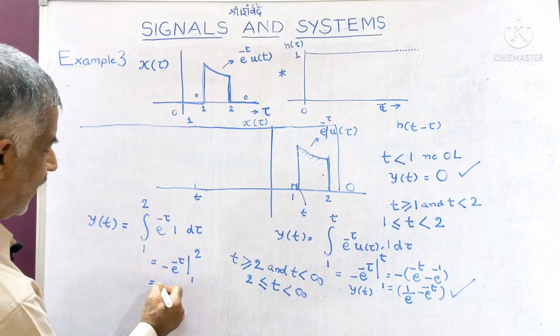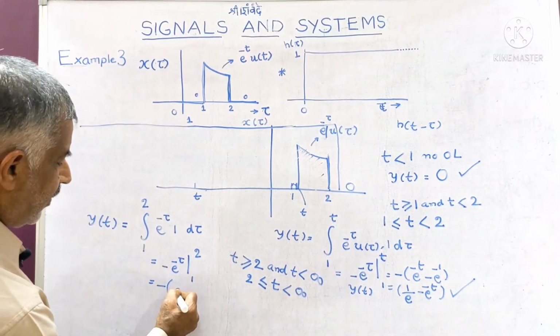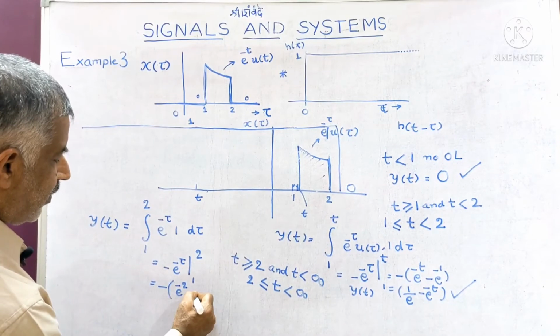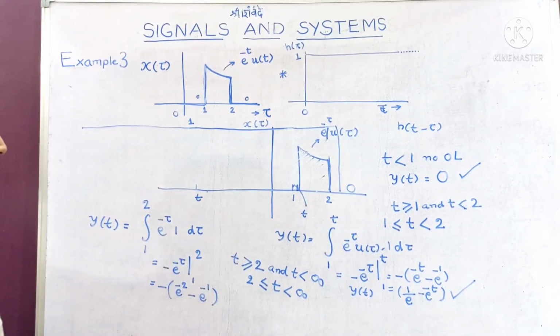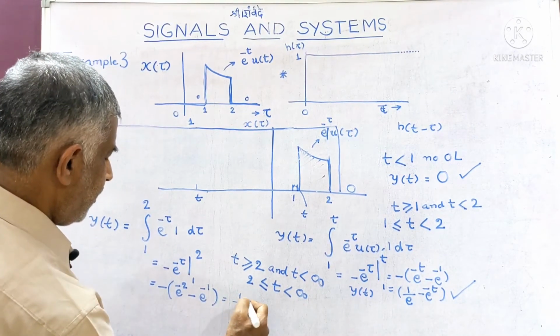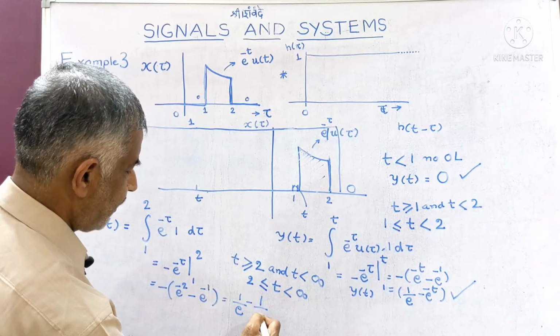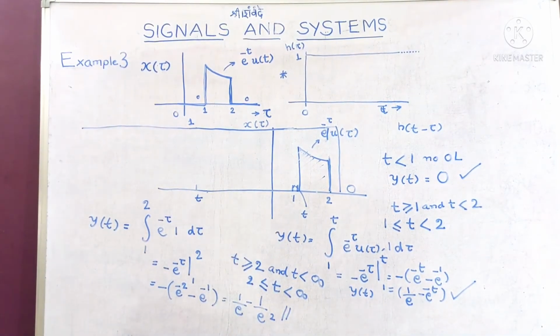That is minus, e power minus 2 minus e power minus 1. That is 1 by e minus 1 by e squared. This is the answer.